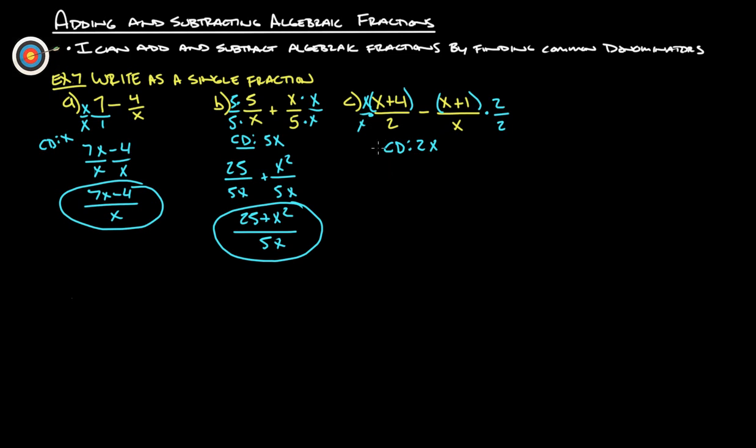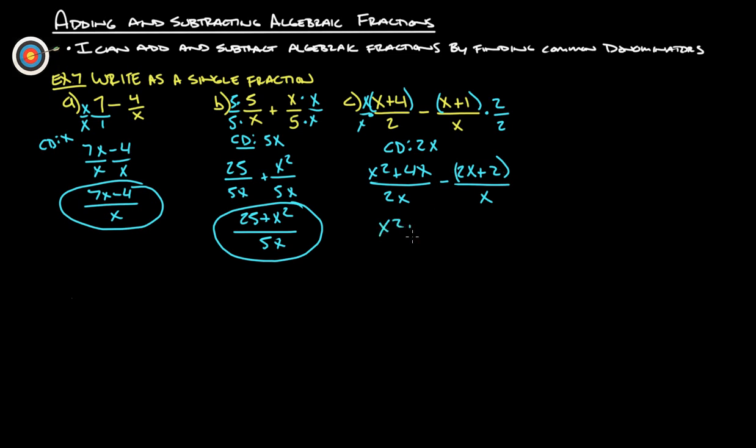So this one here, we have x times x is x squared plus 4x all over x times 2, we'll call that 2x. And then we're going to subtract 2 times x is 2x plus 2 times 1 is 2 all over 2x. Probably our best bet here is to distribute this negative to both of those.